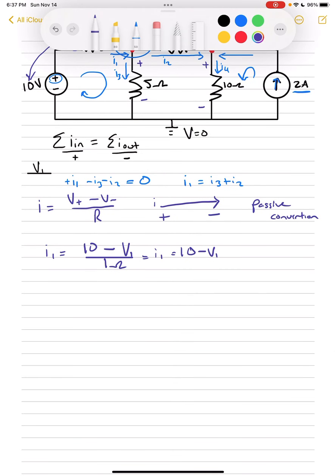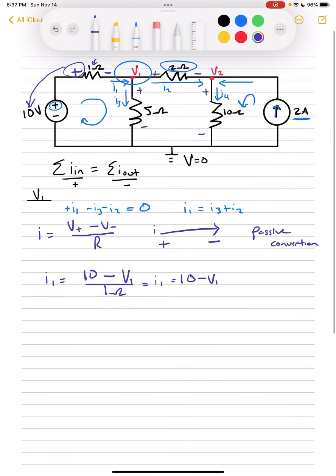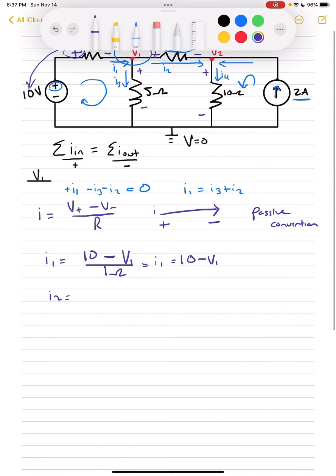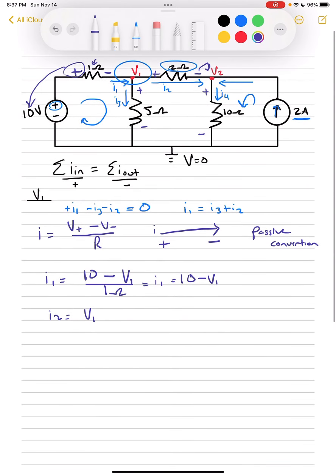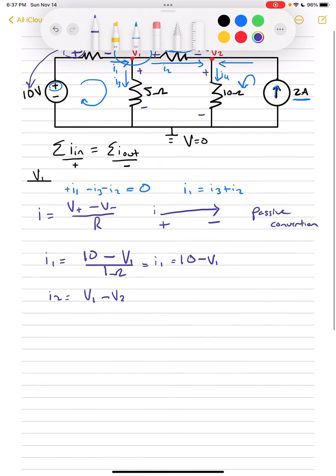Okay, and now let's look at I2. We can see that I2 is equal to the positive terminal, which is again going to be V1, minus the negative terminal, and that one is going to be V2, minus V2. And then over that resistance, which is going to be 2 ohms.